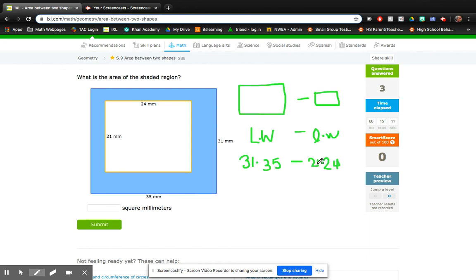So 31 times 35 is 1085. And 21 times 24 is 504. Just double checking those by multiplying twice. And I feel good about my numbers, so now I'm going to do 1085 minus 504, and it's going to give me 581 as my total. Okay, I hope that helps.